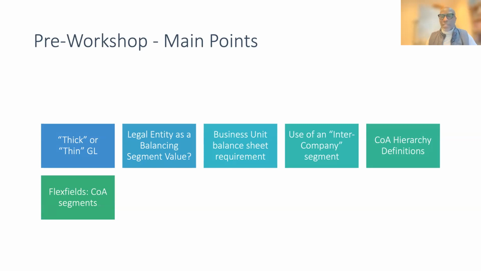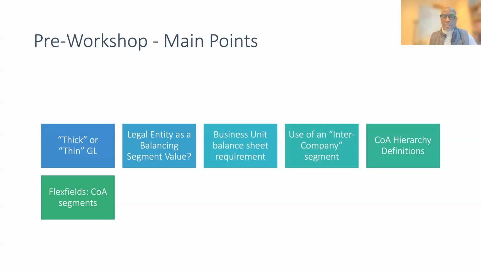COA segments, again, there is additional data that can be configured. So like a supporting reference, references can be configured to enable capture of additional attributes. And this can be used again within your reporting, and they can be populated via your subledger accounting, but they cannot be populated when creating your GL.